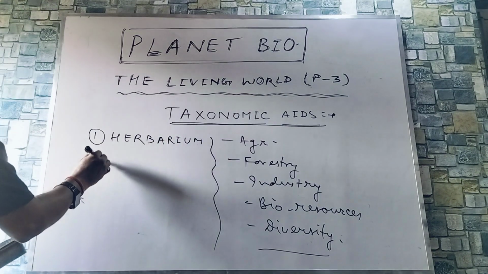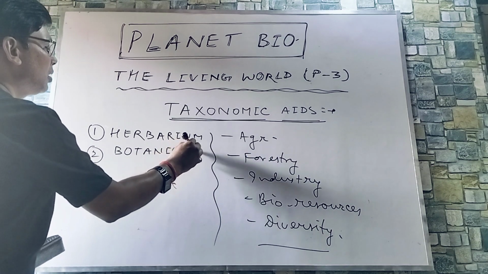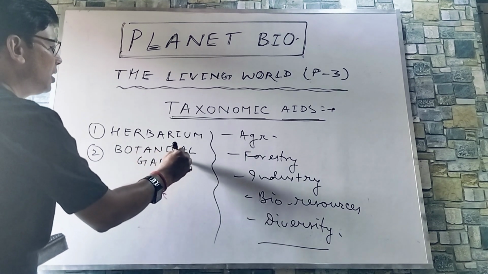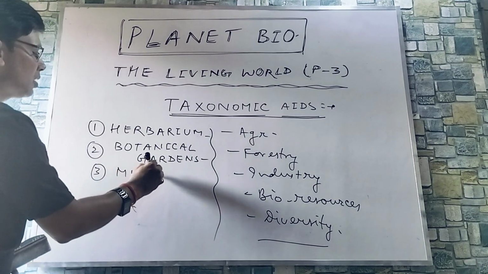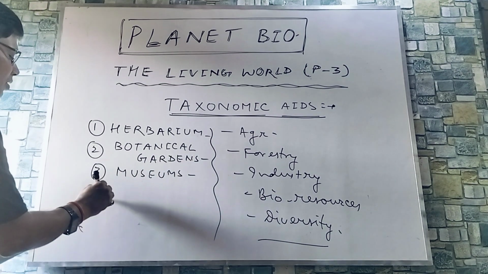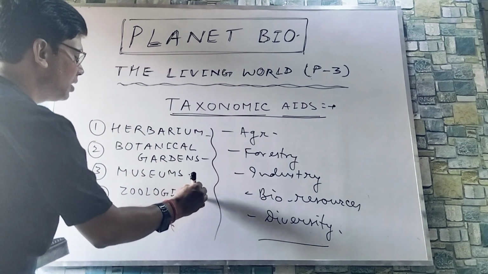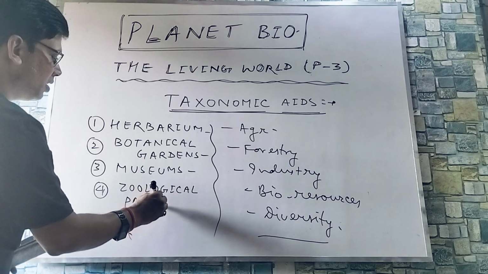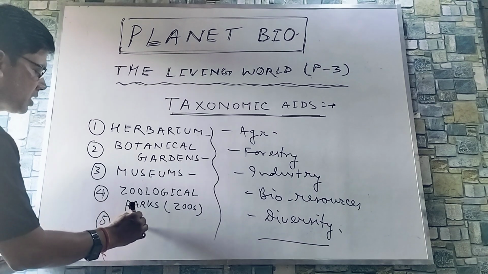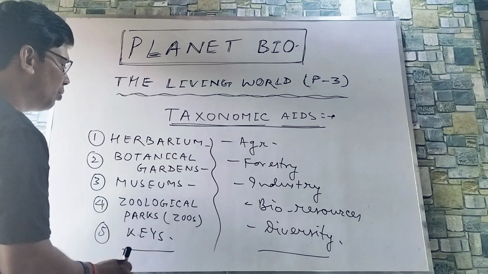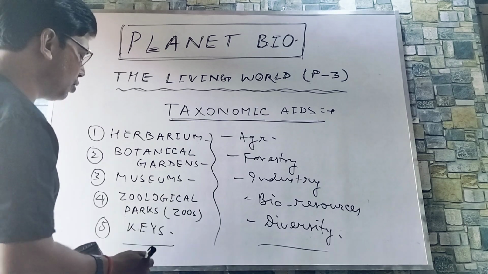Another one you can write botanical gardens, and thirdly we have museums. Fourthly we have zoological parks or zoos, you can say. Children enjoy visiting there generally. And another one is keys. These are the major taxonomic aids: herbarium, botanical gardens, museums, zoological parks, also called zoos, and then keys.